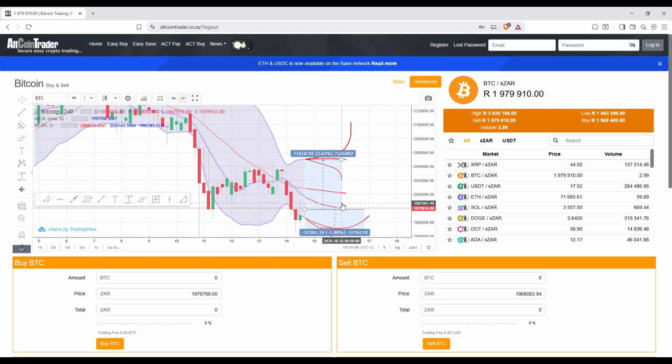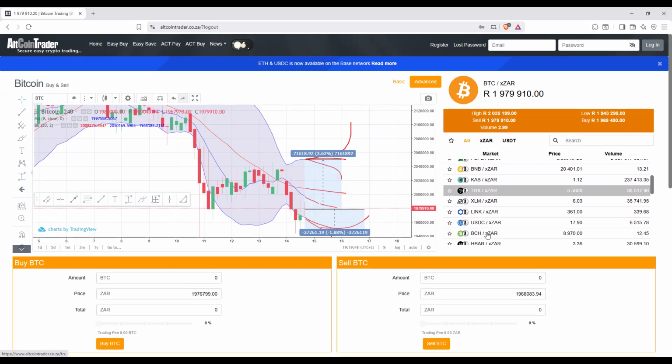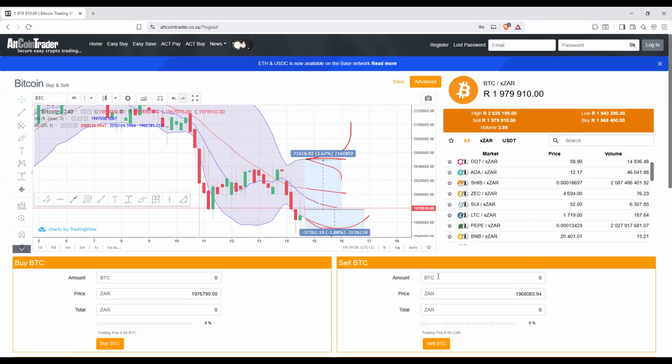So what another trader would do is trade one of these fast moving coins like Hedera, Helix, Dogecoin, where they can make 3 to 5% per day on their money.